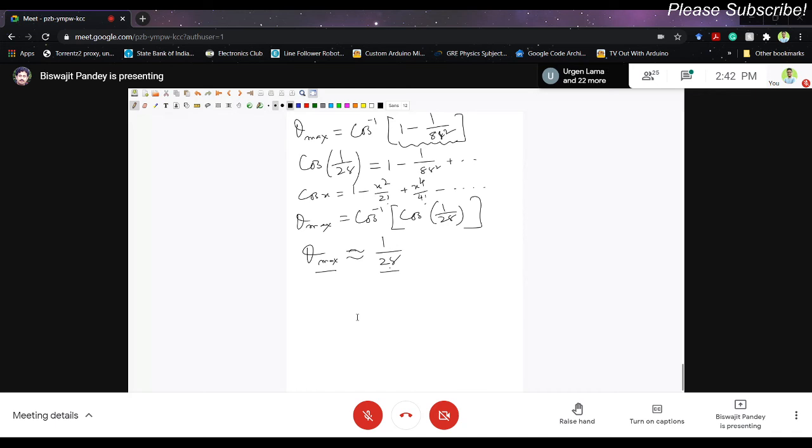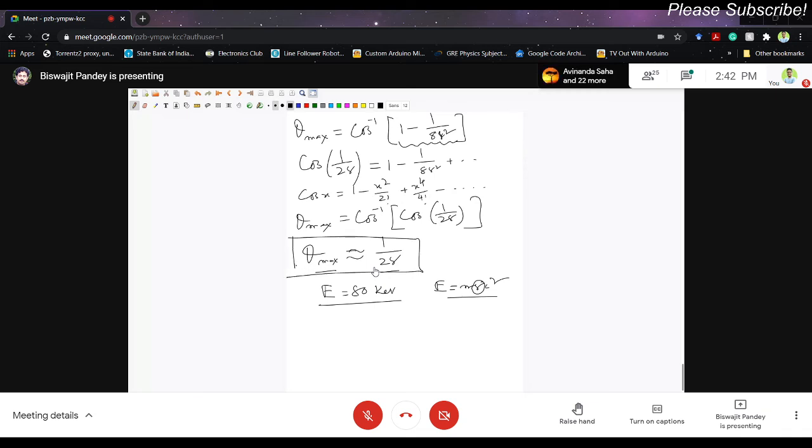So if I give you the energy of a particle, suppose there is an electron with energy, say, 80 keV. All that you need to calculate is the gamma, because what is energy? Energy is m gamma c square anyway, right? So if you know energy, you can calculate gamma, and if you know gamma, you can calculate the theta max. Very simple formula.